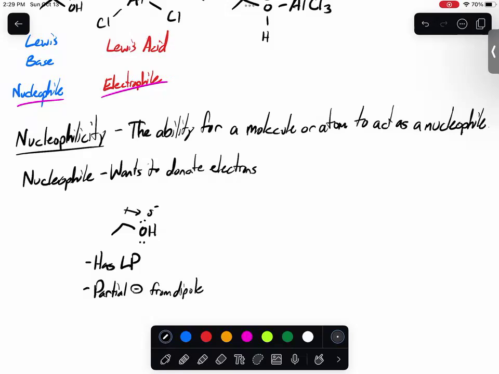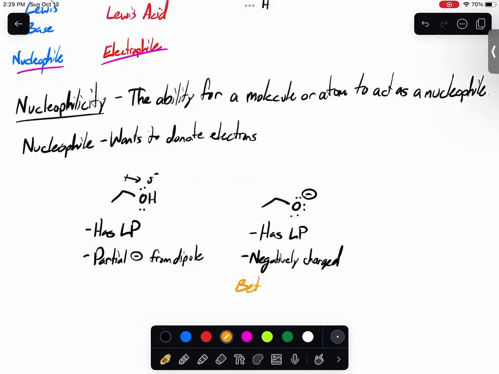So that makes it a pretty decent nucleophile. That is until we compare it to the same molecule, the only difference being it's now missing a hydrogen. This one also has lone pairs, but it is fully negatively charged. Overall, it has more electron density. So we would say that the one on the right is a better nucleophile.